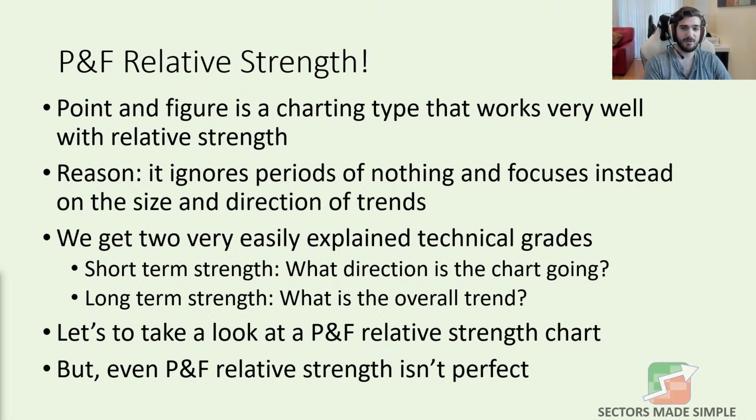So point and figure is a great charting type for relative strength because relative strength puts a lot of focus on whether this is greater than this, or whether it's changing in a direction. Point and figure allows us to forget about time.